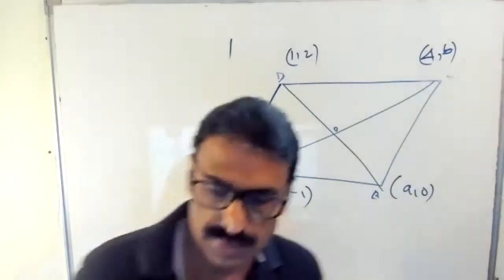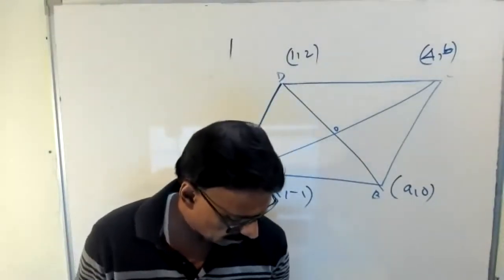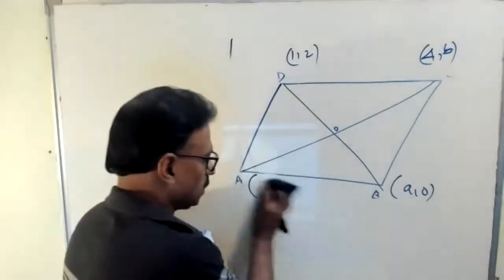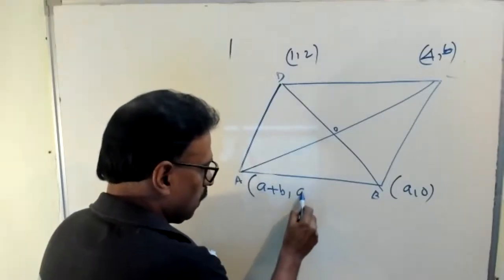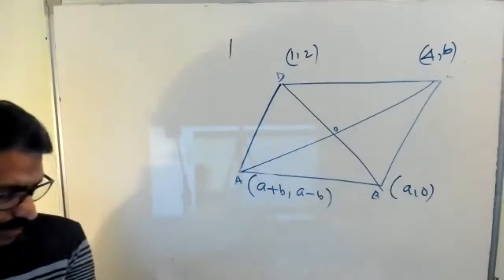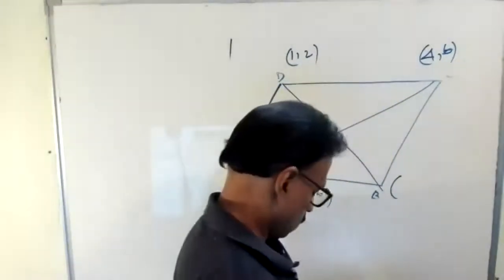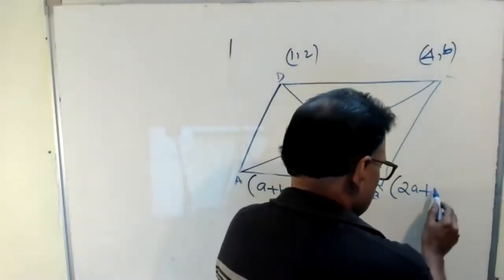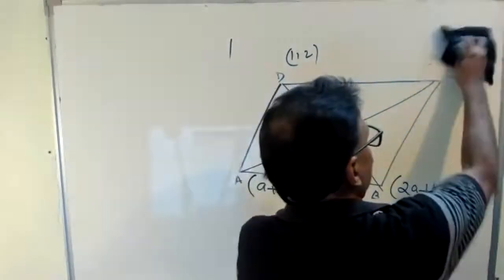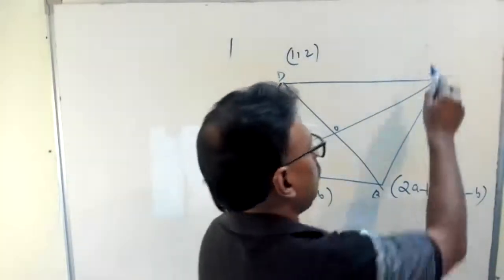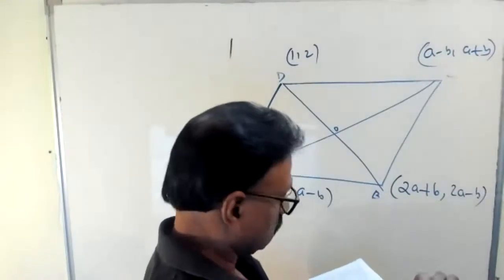Okay, next question. Three vertices of a parallelogram are (a+b, a-b), (2a+b, 2a-b), and (a-b, a+b).